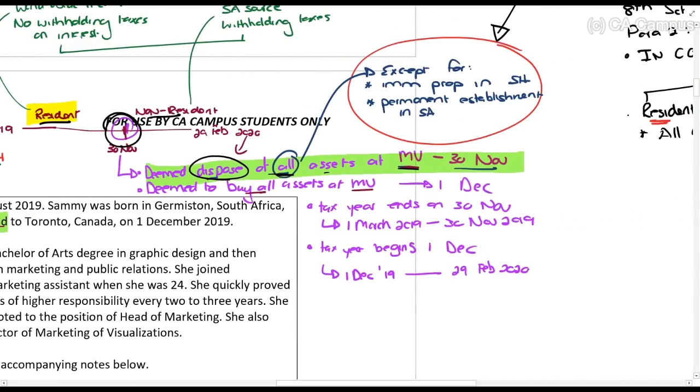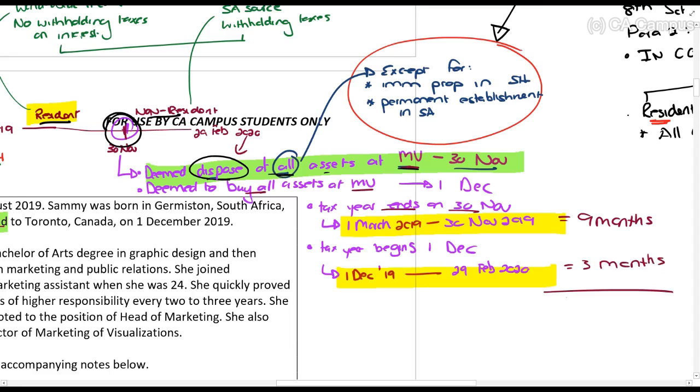One tax year ends on the 30th of November, so there's a tax year that runs from the 1st of March till the 30th of November. So that's 9 months. And then there's a new tax year that starts from December until Feb, so that's 3 months, to give us a total of 12 months.